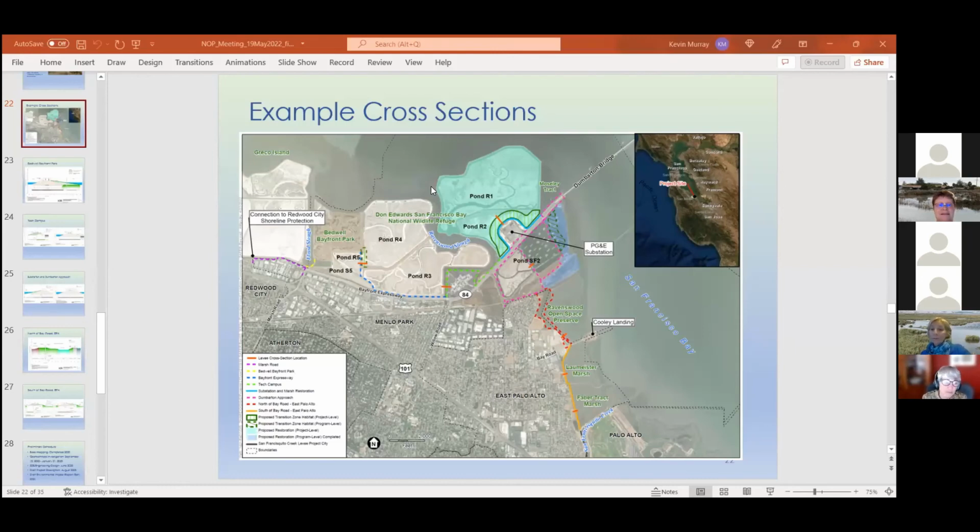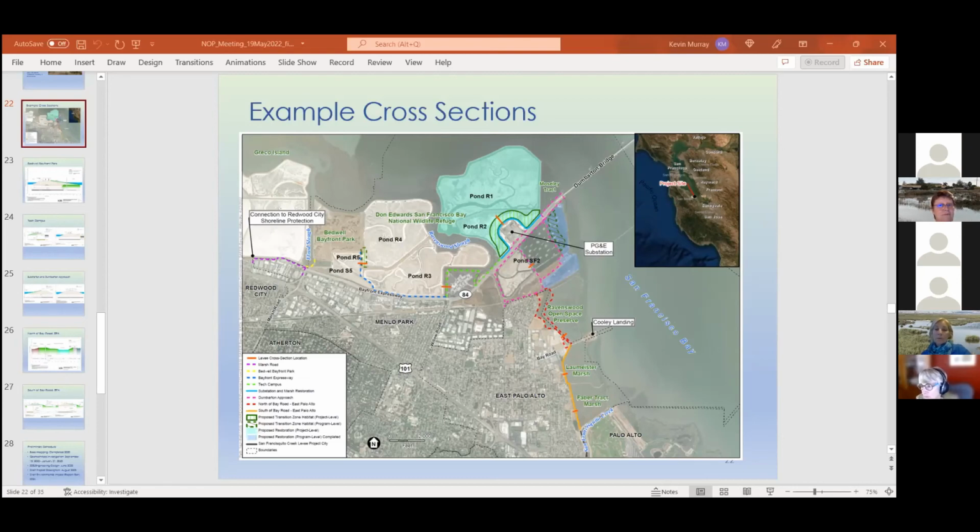I'd like to add to that, thank you, Tess, that in the upper portion of the slide that people can be viewing right now, we have those ponds labeled R1 and R2 for Ravenswood 1 and 2. Those previous salt ponds are going to be restored to marsh. We're working in close coordination with the Don Edwards Refuge and the South Bay Salt Ponds team.